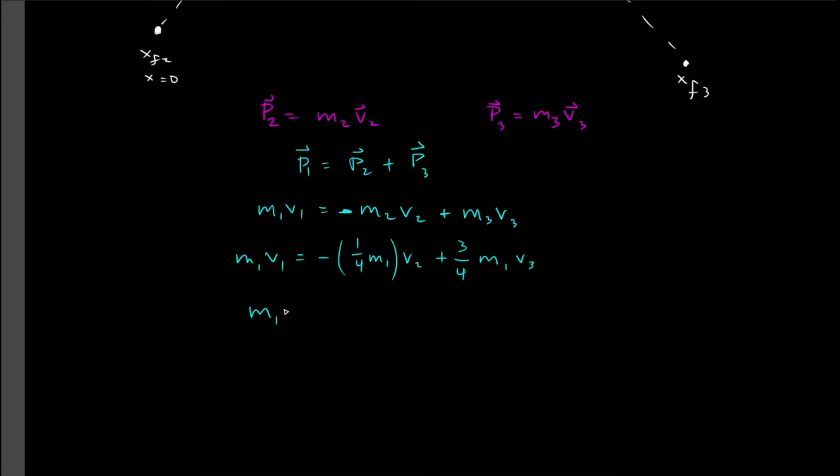So we have m1 v1 equals negative 1/4 m1 v1 plus 3/4 m1 v3.